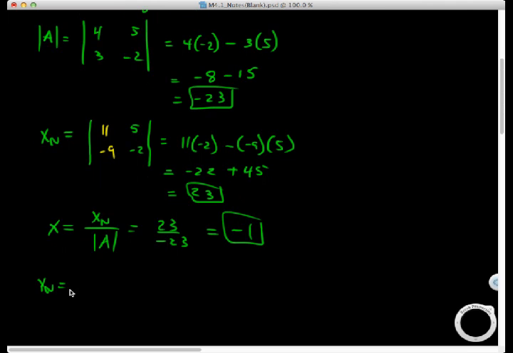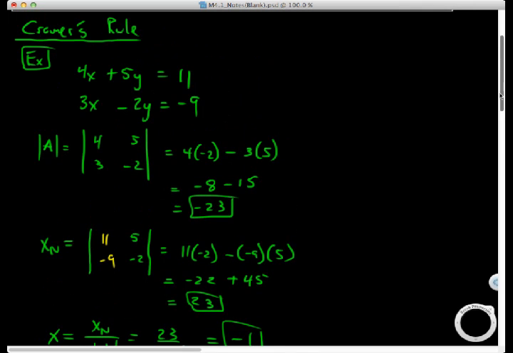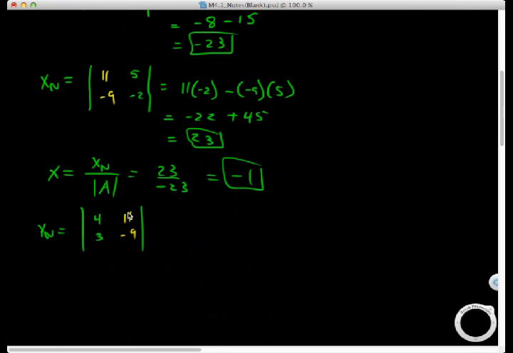The y numerator will be the same idea, except this time I replace the y's column with my constants. The 4 and the 3 coefficients from the x's will be the same, and this time our constants from the right-hand side of the equation, these two numbers here, will replace the y's column.